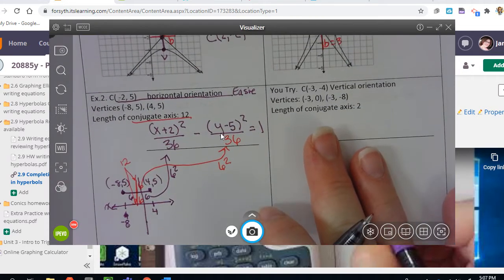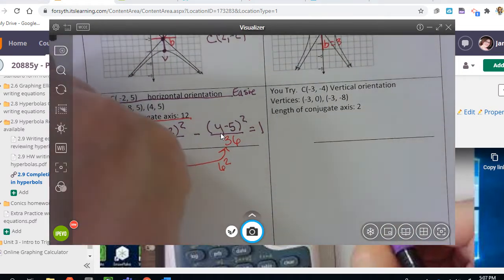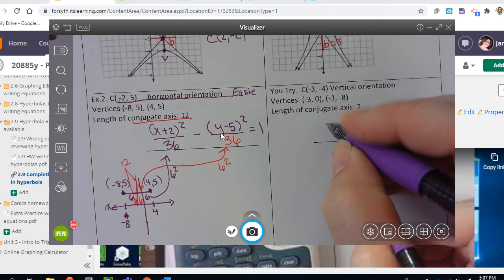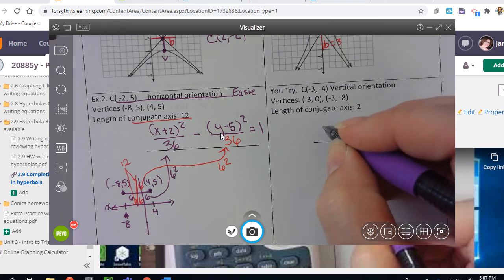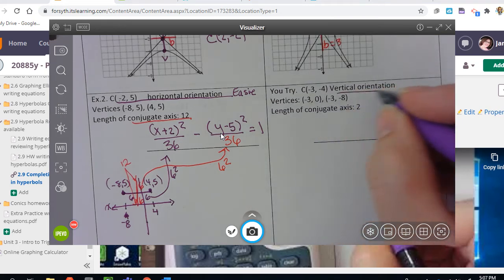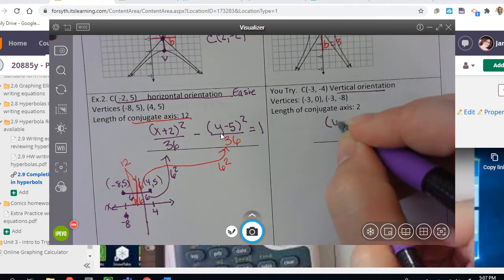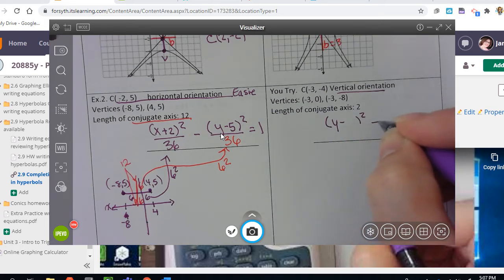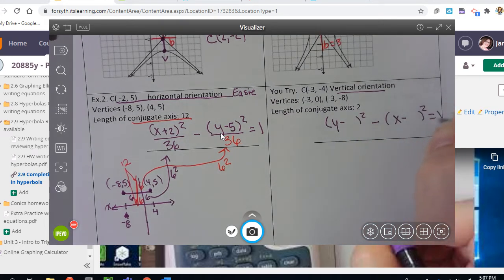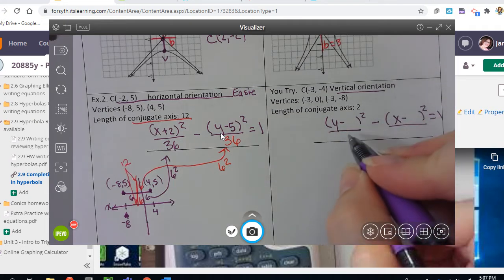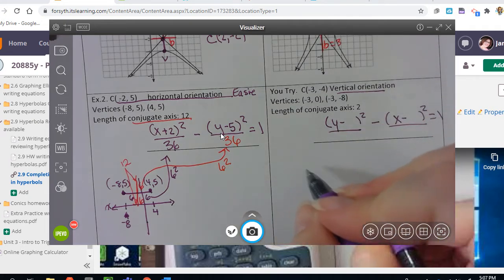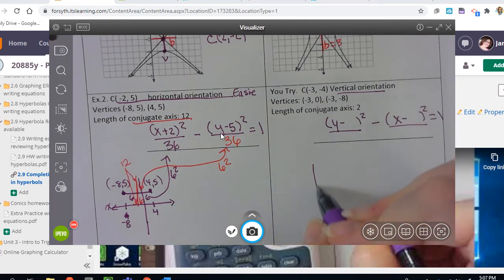I'm not going to do this one for you, except to say, you can check it and see if it's right. It's vertical orientation, so y minus something squared minus x minus something squared equals 1. And your vertices, negative 3, 0.